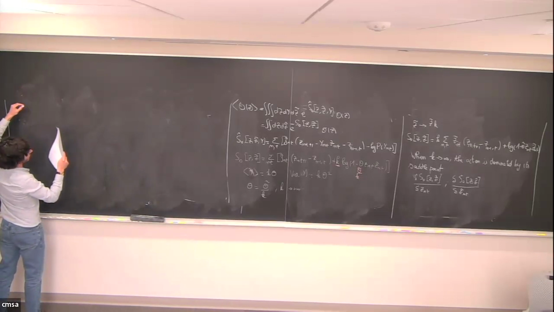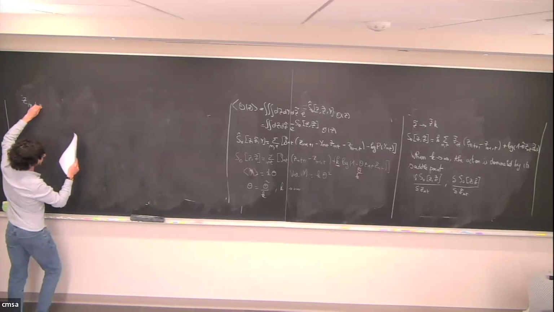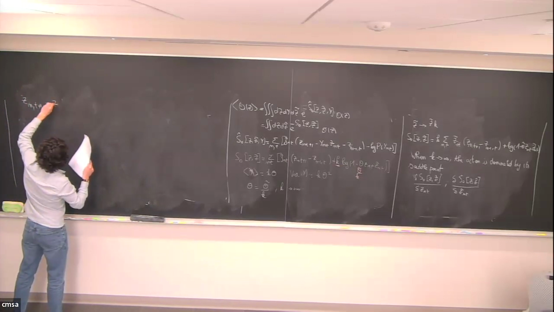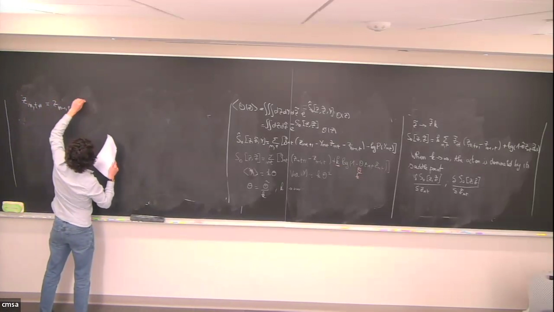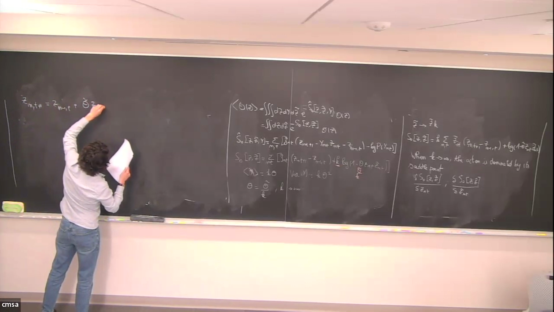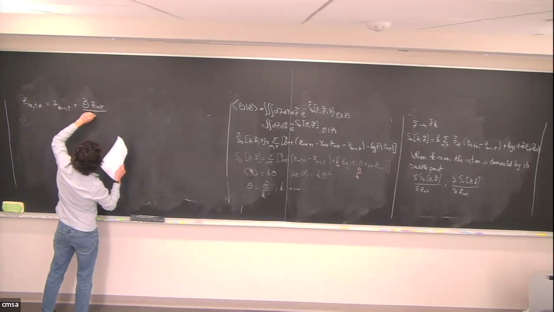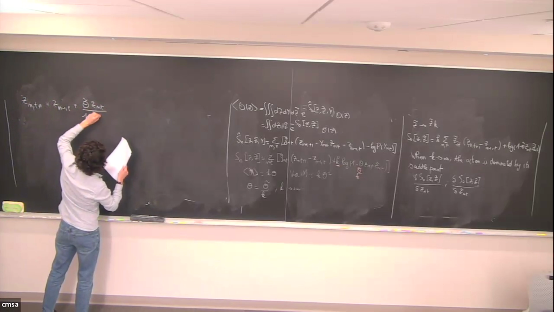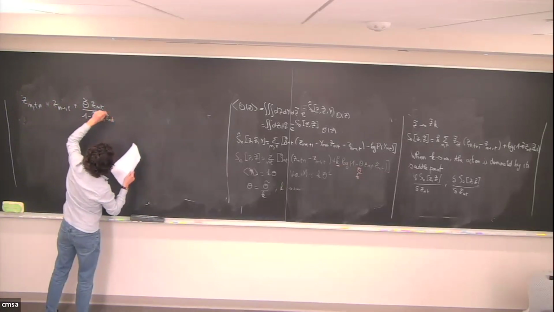So you have a set of two equations. The first equation: Z_n at the saddle point, at t plus 1, is equal to Z_{n-1} of t plus theta tilde Z of n,t divided by 1 minus theta tilde Z_{n,t} Z tilde_{n,t}.